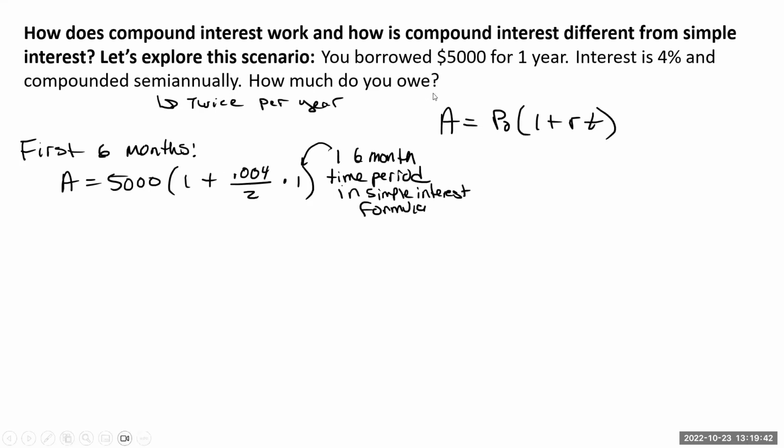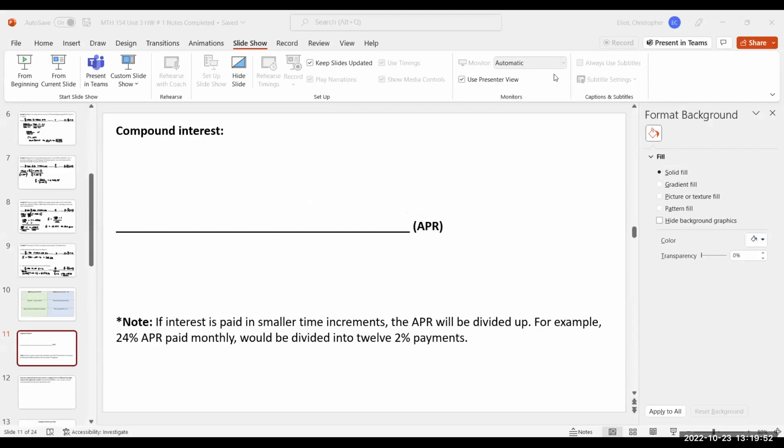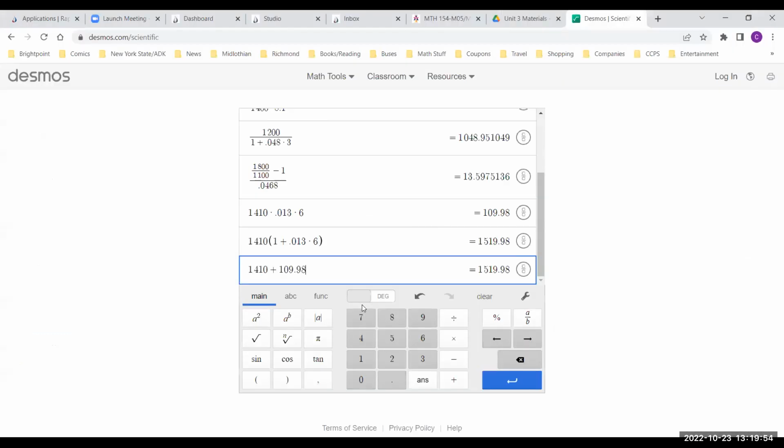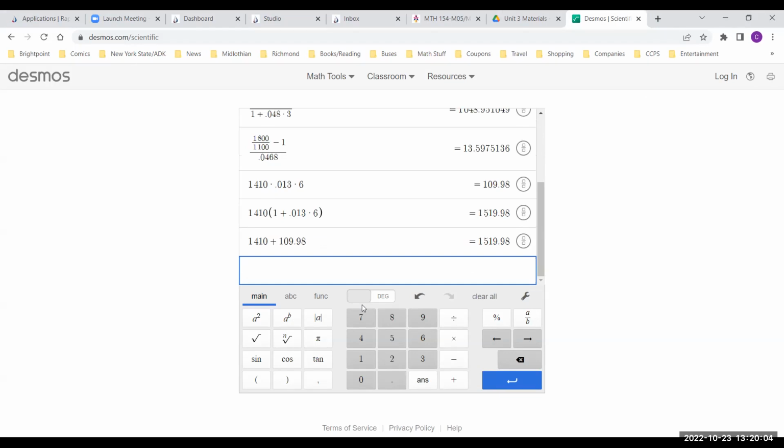Let's hop over to our calculator. The 0.04 is going to be divided by 2, because we have 4% over the course of a year, so we're paying a 2% interest payment for the first 6 months and a 2% interest payment for the second 6 months.